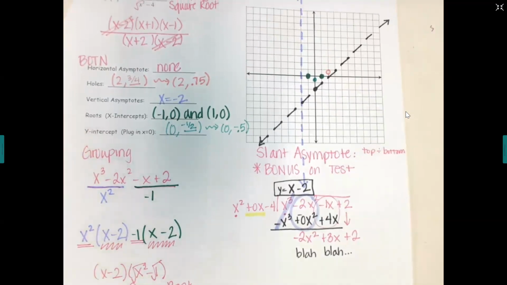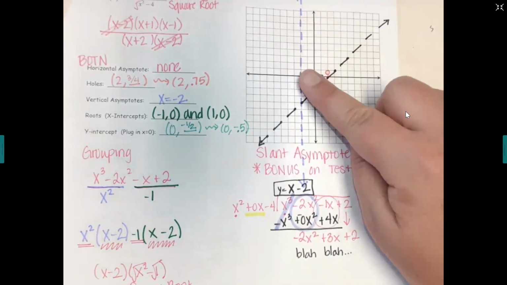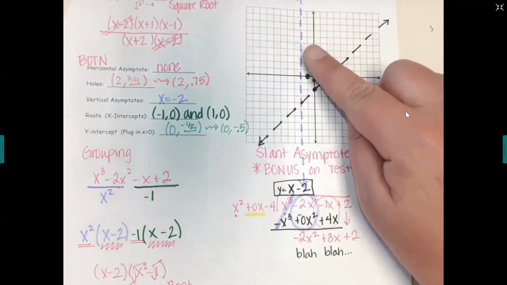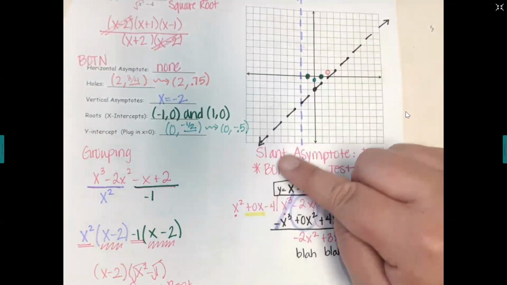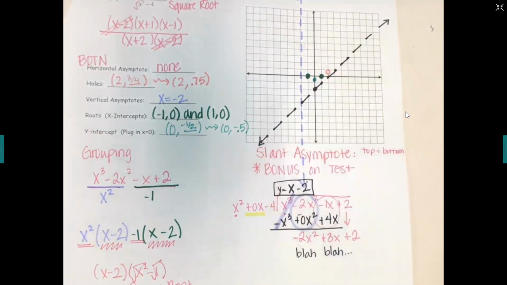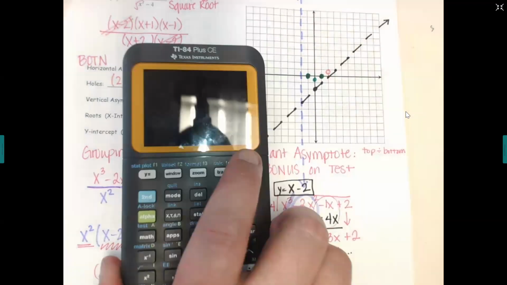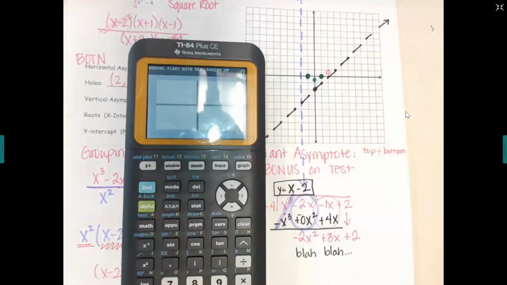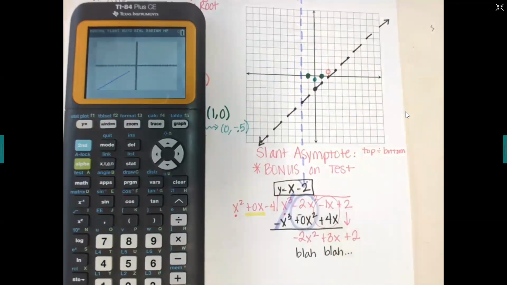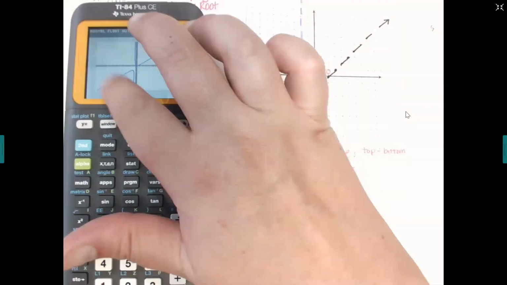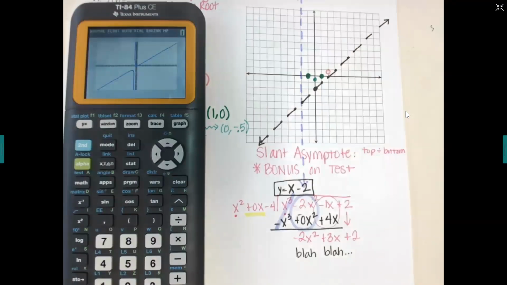Then from there, hopefully now you can see how we're gonna connect the dots. We're gonna have a little slice of the graph up here. And then usually the other slice is catty corner, it'll be down here. But we can always hit graph in the calculator to double check that our work looks good. So I'm zoomed out quite a bit, but you can see that slant asymptote coming in. And then you have your 2 chunks, just like hopefully we would have expected.